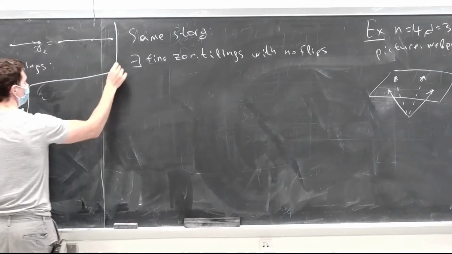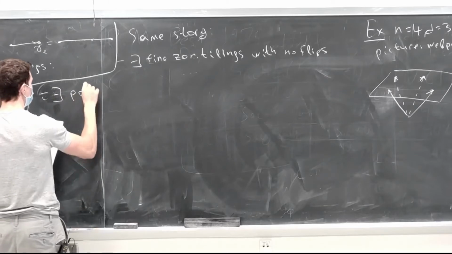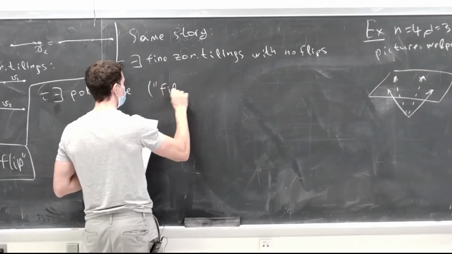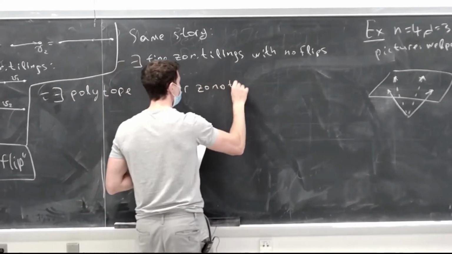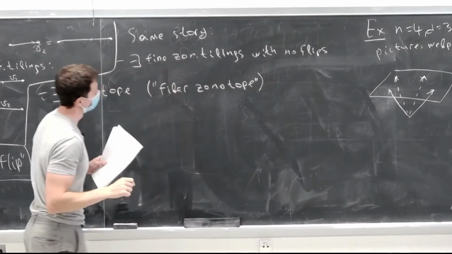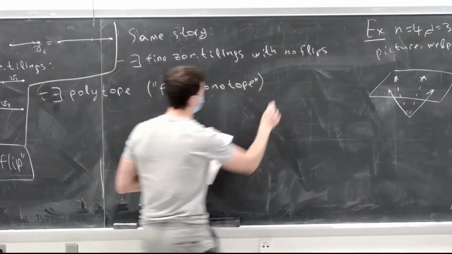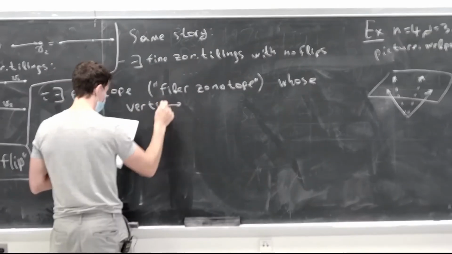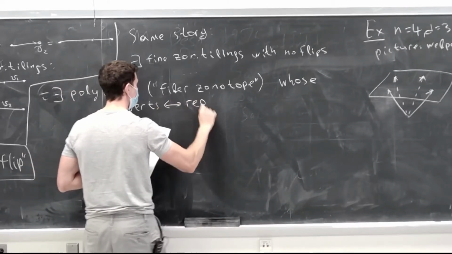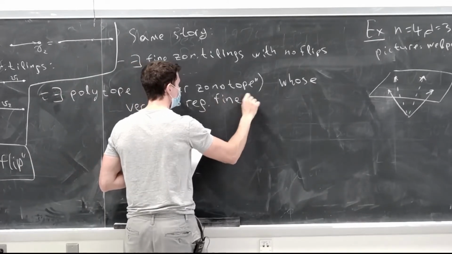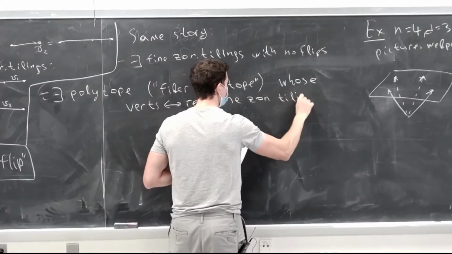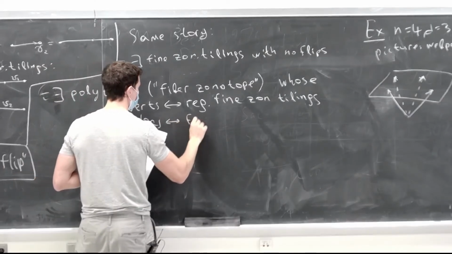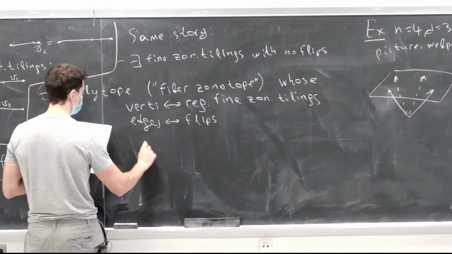There exists a polytope, which is called the fiber zonotope, whose vertices correspond to regular fine zonotopal tilings and whose edges correspond to flips, and whose dimension is n minus d.